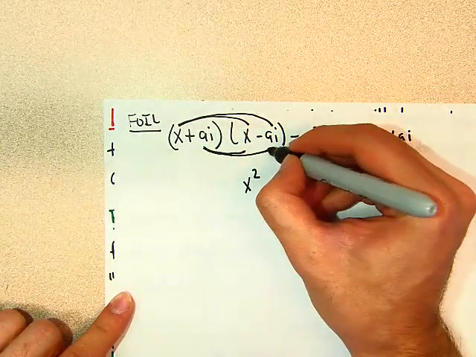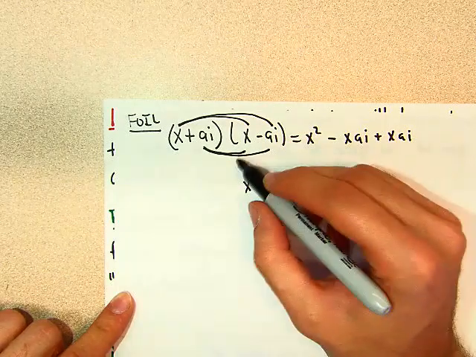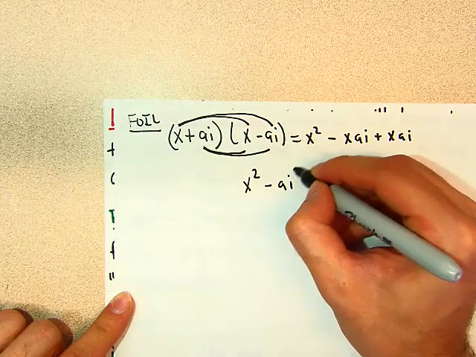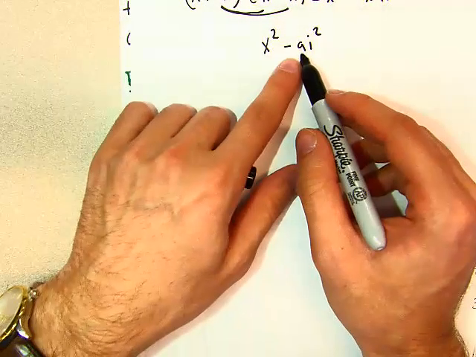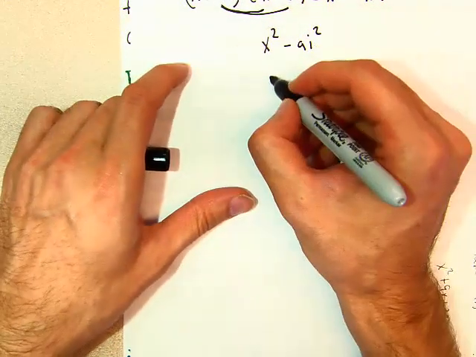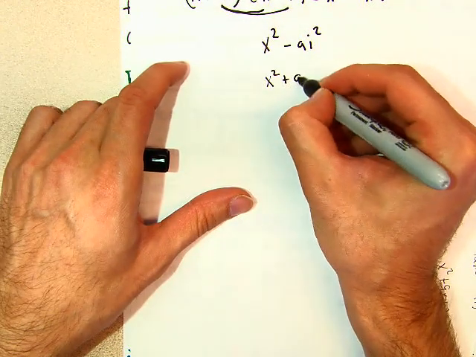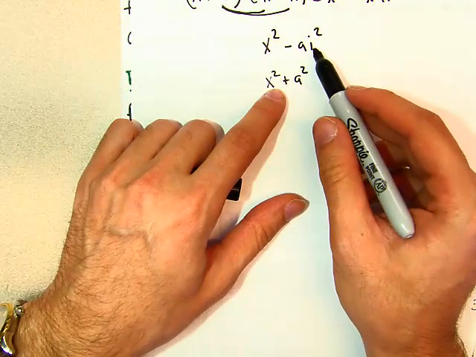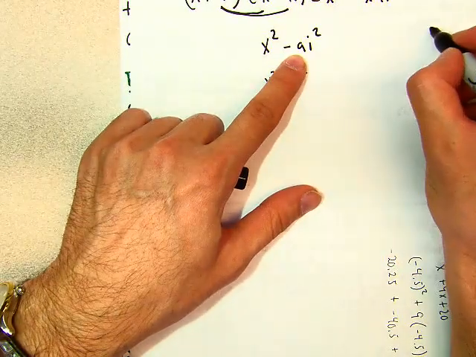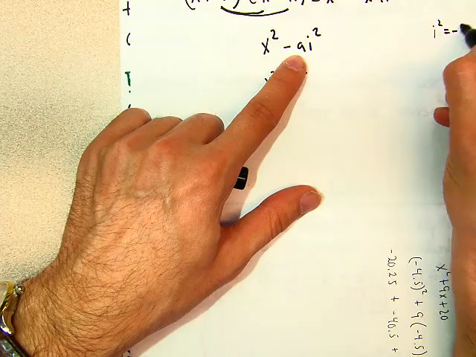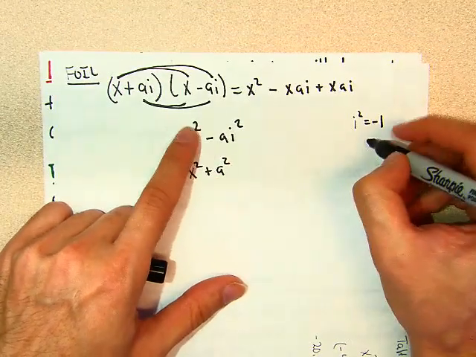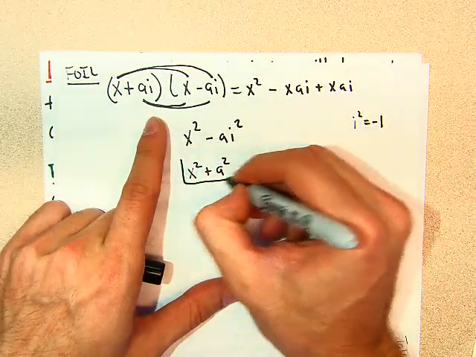And this is minus ai squared. But minus ai squared will just be plus a squared, because here i squared is equal to minus 1, and this will just become x squared plus a squared.